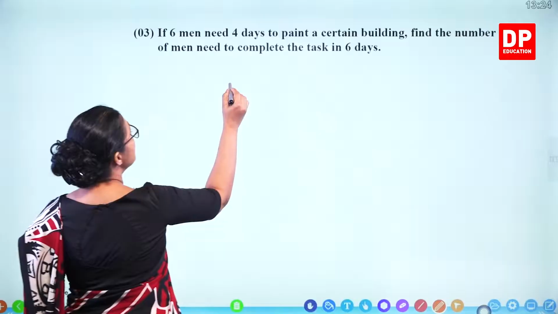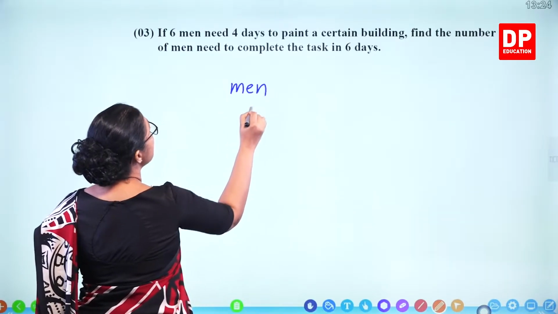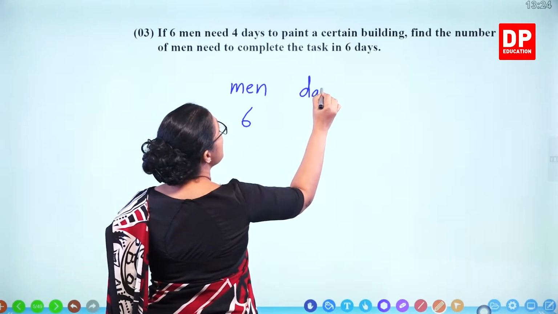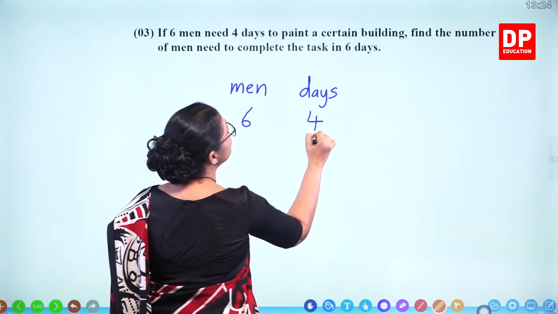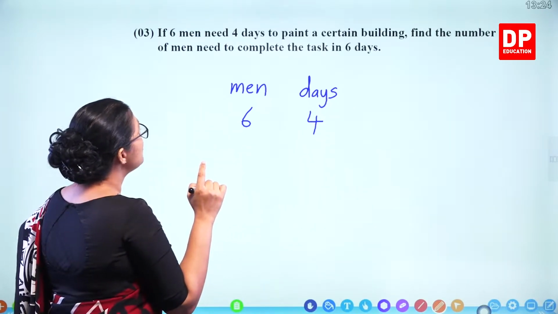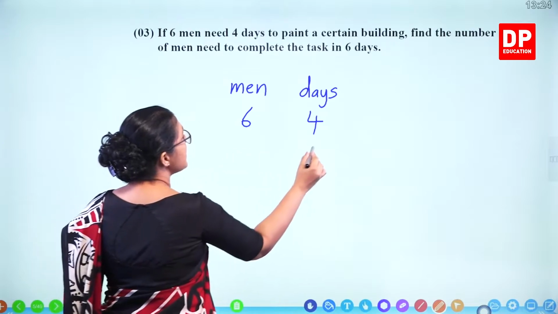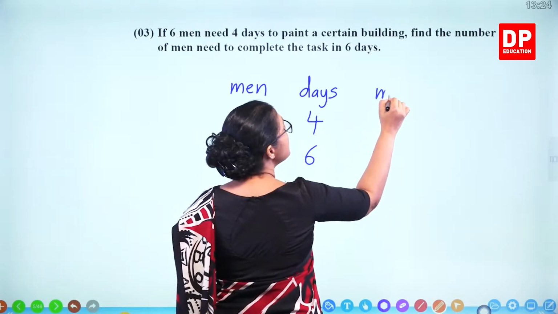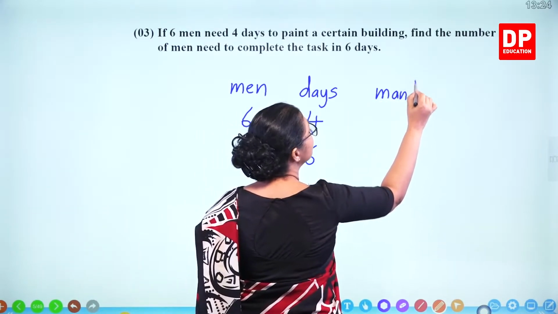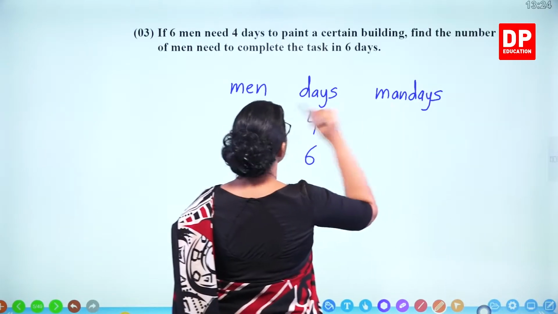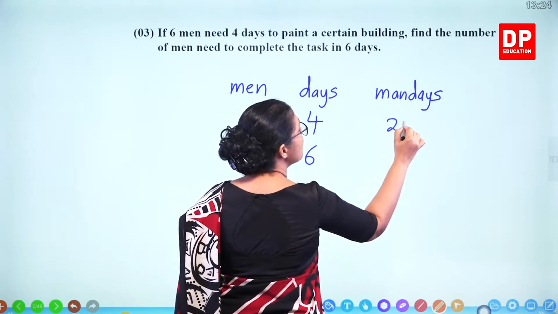Question number 3. If 6 men need 4 days to paint a certain building. Men 6, number of days 4. Find the number of men needed to complete the task in 6 days. So how many man days needed to complete the work? 6 times 4, 24.